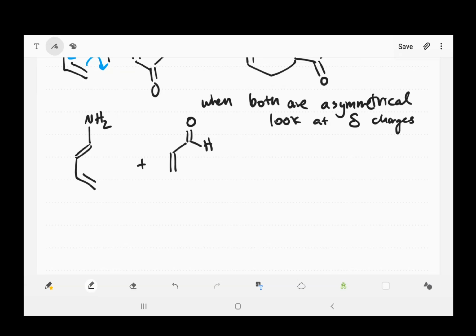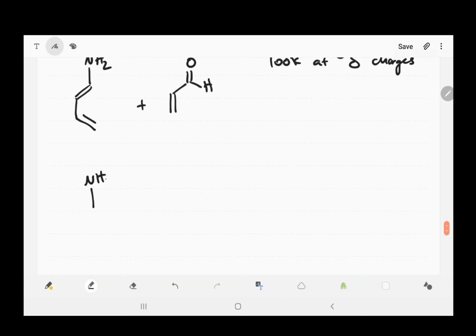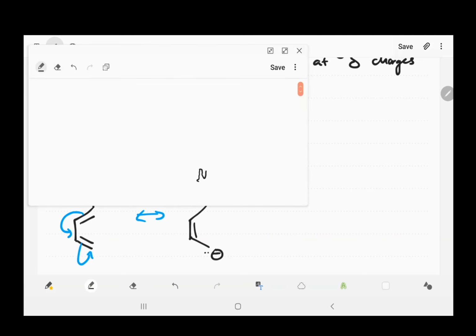So if we just take a look at the diene, the one with the nitrogen on it, if we resonate things, notice this is an electron donating group. Donating groups push electrons into something. If we resonate this, oops, why did I circle the double bond?